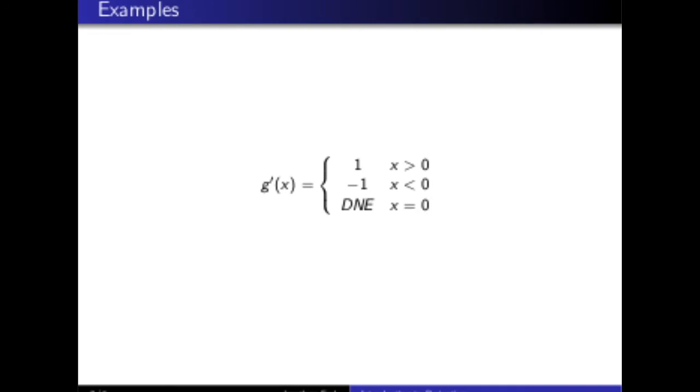All right, so if we were to write out the derivative for the absolute value function, we'd just have 1 for positives, minus 1 for negatives, and does not exist for x equals 0. And the reason for this is that if you plotted the absolute value function, you would see that it looks kind of like a V, where the point occurs at 0. Whenever you have a function with a point like the absolute value function, your derivative won't exist there, because you could think of it as making a very sharp turn.